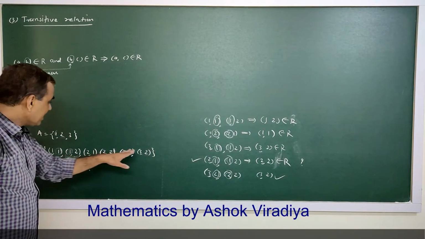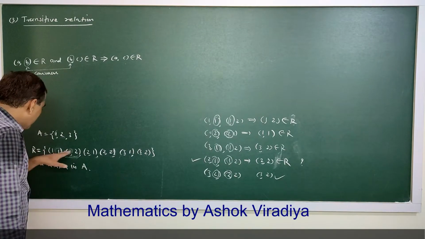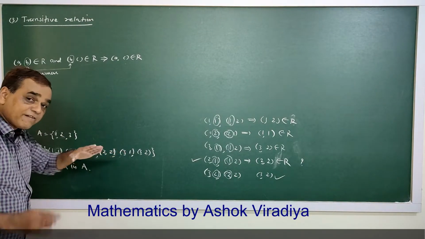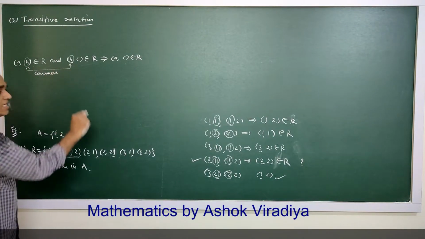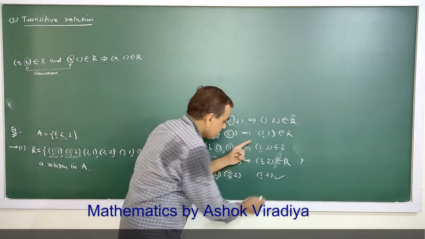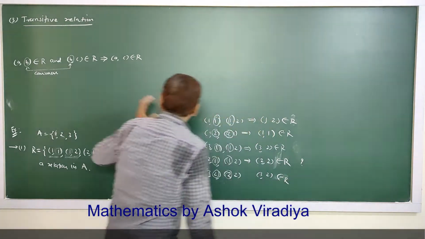So for every pair of such elements in which B is in common, AC is in R. Here these conditions are satisfied.